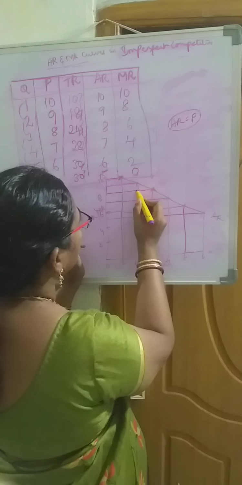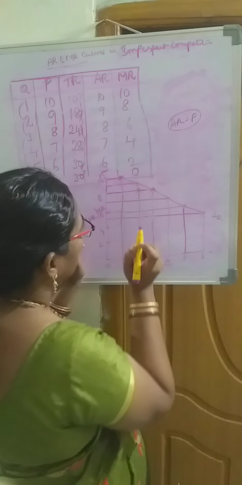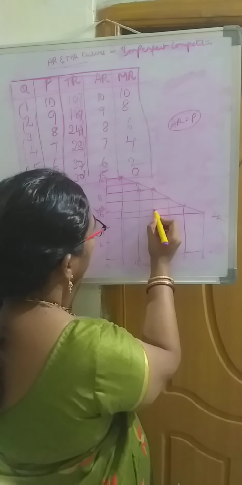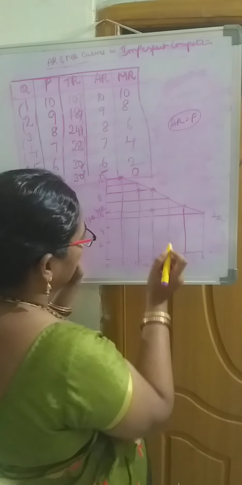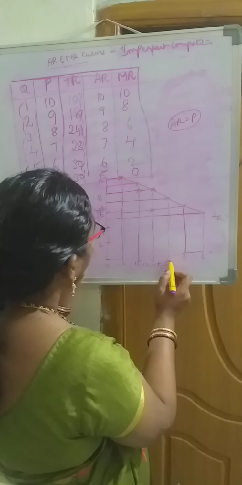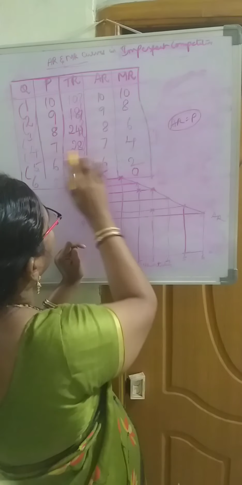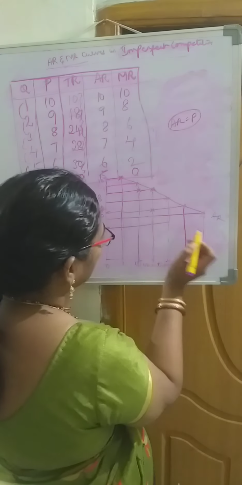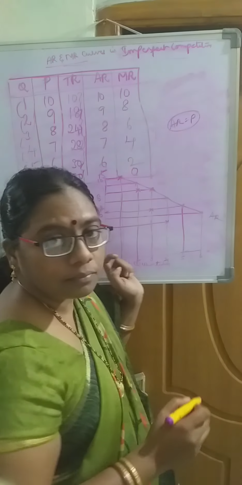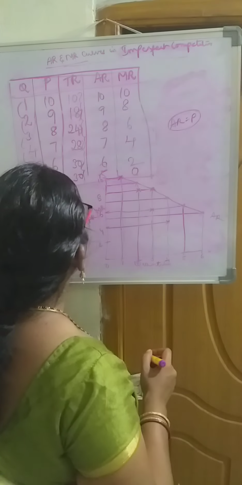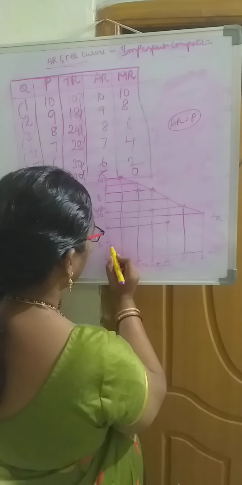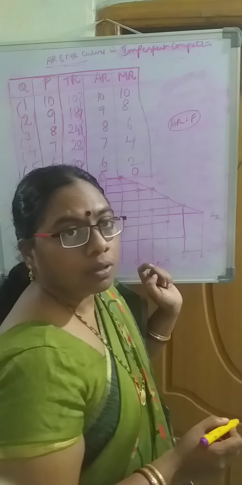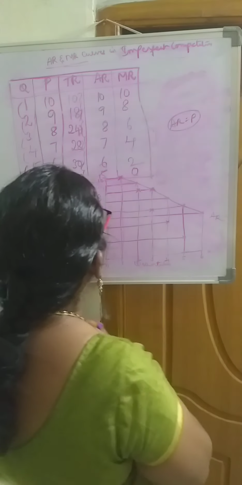The third unit, it is 6. The fourth unit, it is 4. For the fifth unit, it is 2. For the sixth unit, it is 0.